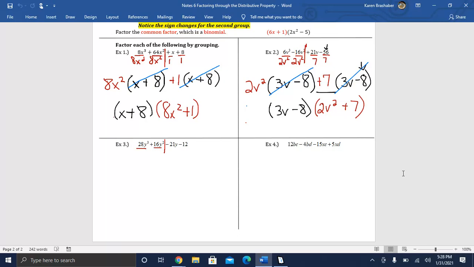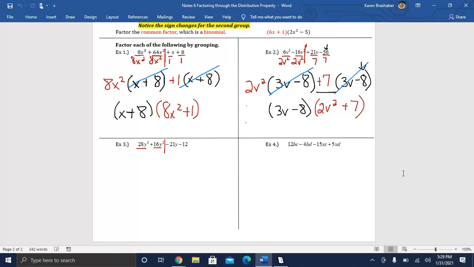I'm going to have to work my way down from 16 if I can't think of it. So will 28 divide by 16? No. So I can go to 15, 14. 14 will work for 28, but not for 16. So I'm going to keep going. 13, 12, 11, 10, 9, 8.